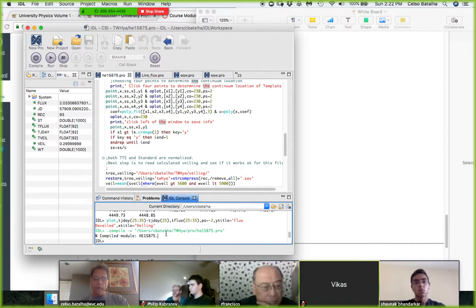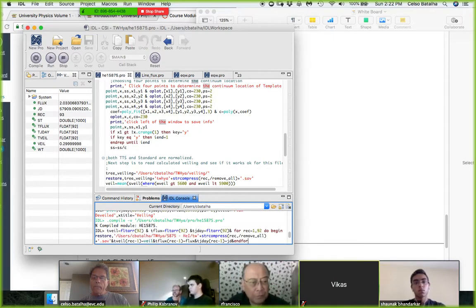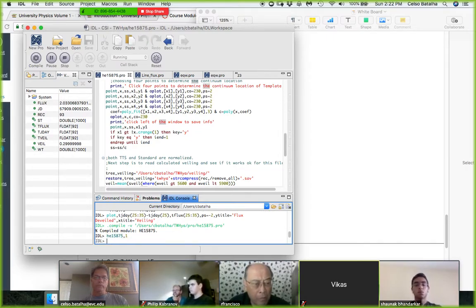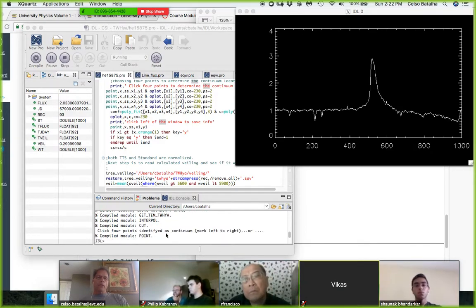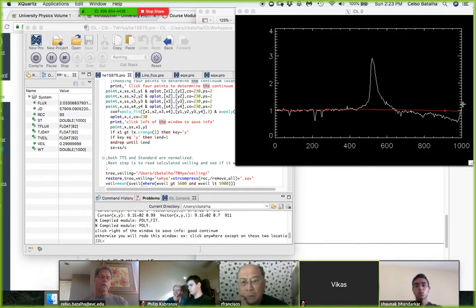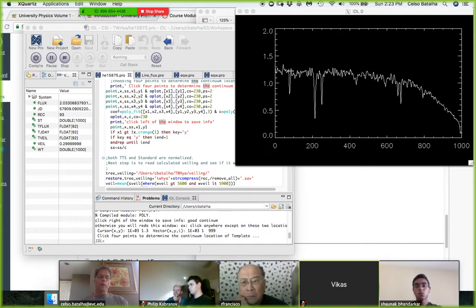After you compile, when you run it, you can run, for instance, this one. It shows up your helium line. What we want to do is to measure the emission flux, how many photons are there above the continuum. To do that, we have to normalize first. That's what I'm doing here. And then normalize also the templates.